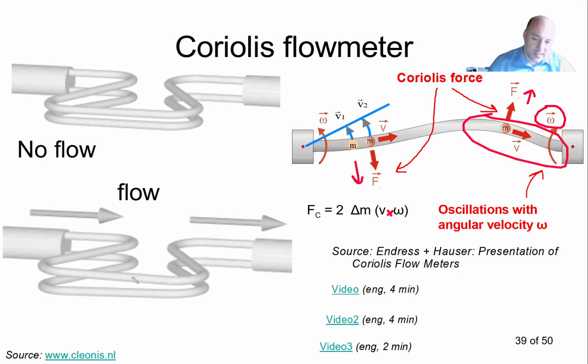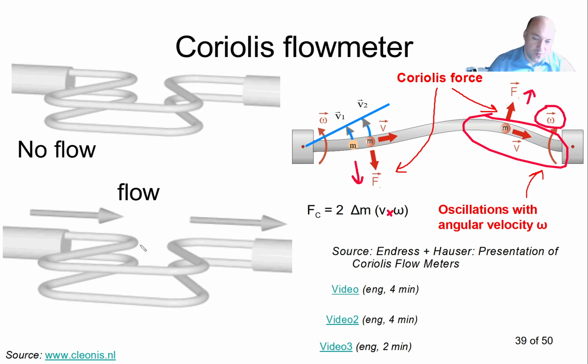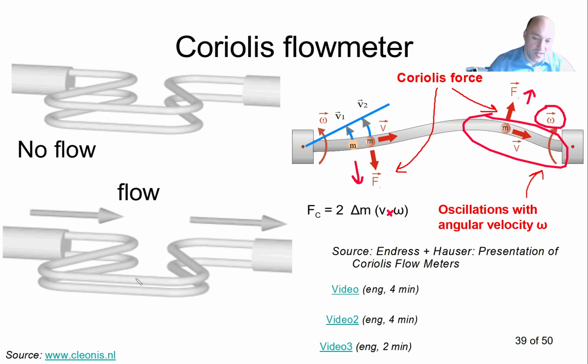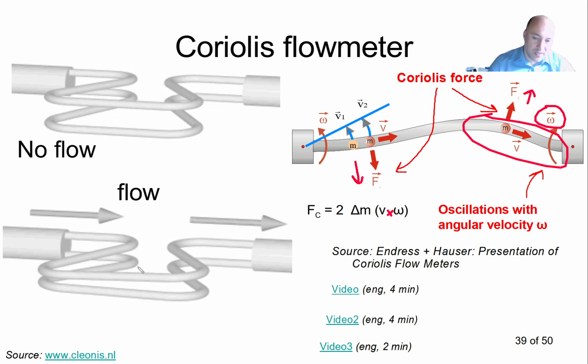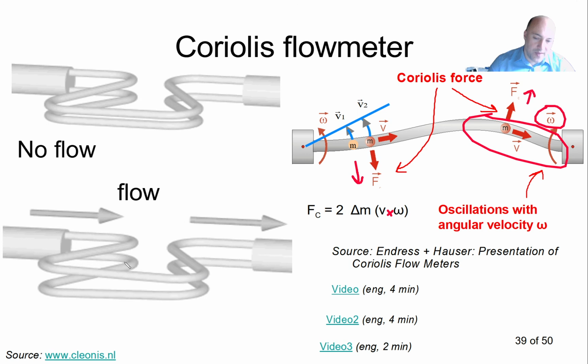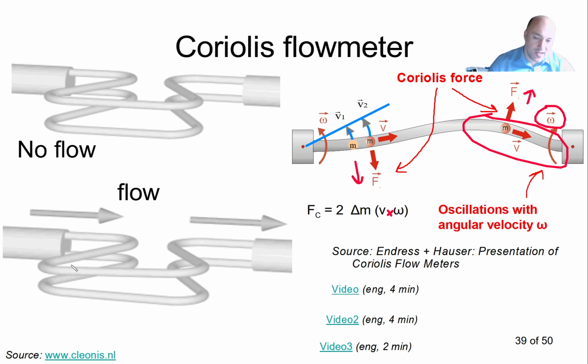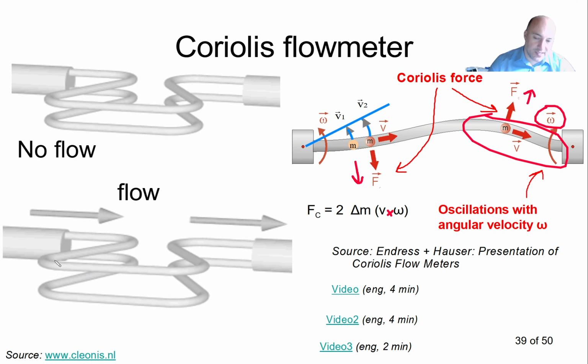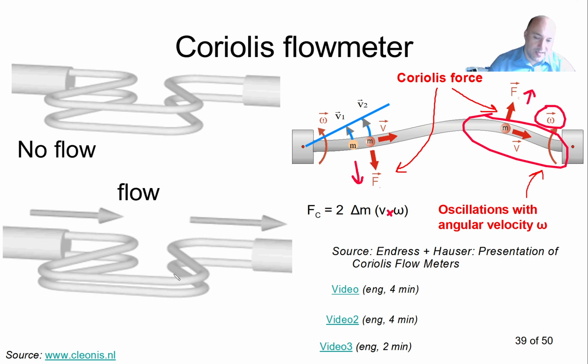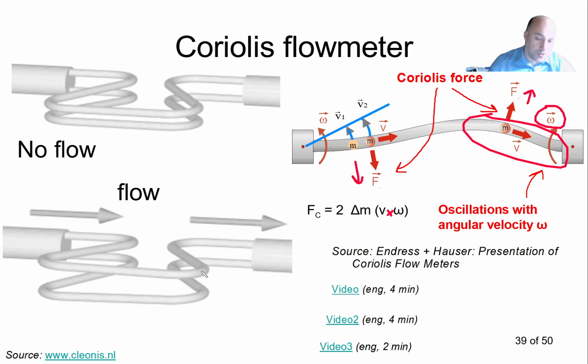We can see that the pipe moves up and down with the same frequency like before, but now both ends are twisting differently. We can see that when this end is twisting up, this end is twisting downwards.